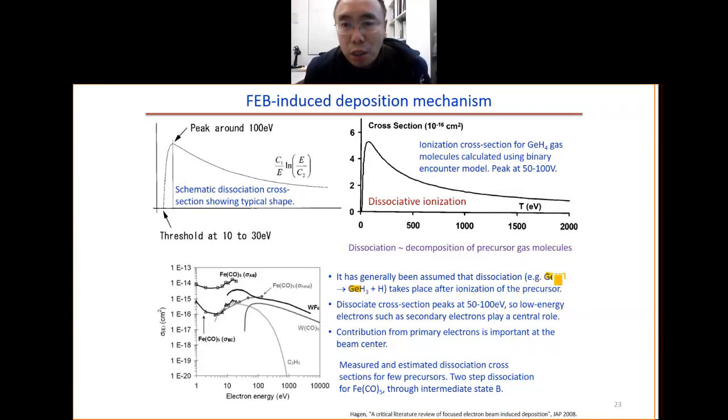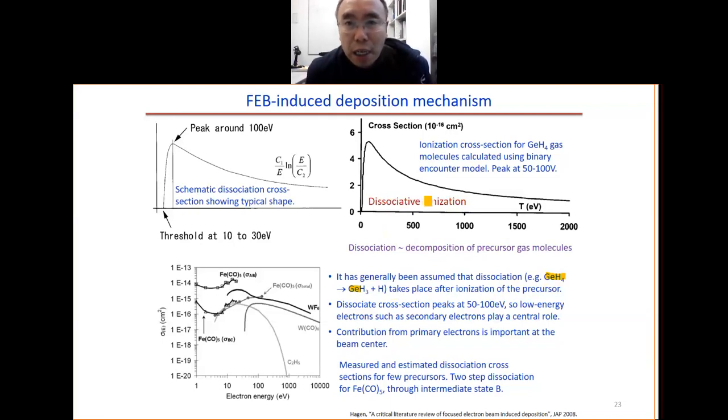But here we don't call it decomposition, we call it dissociation. It becomes GeH3 plus H. Then the hydrogen will also dissociate later on. In the end, you get the germanium deposition. This reaction happens after the ionization of the precursor, so the total process is called dissociative ionization.